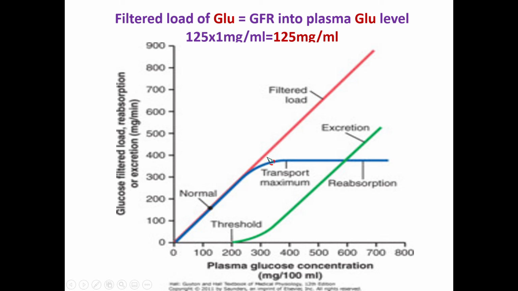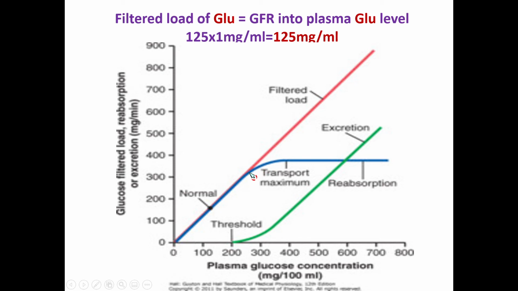But before that 375, the glucose reabsorption line is going to make a splay. It is making an outward turn, and then it is going to stay straight. Before that level of the TM, it makes this turn, and these two lines are going to separate.